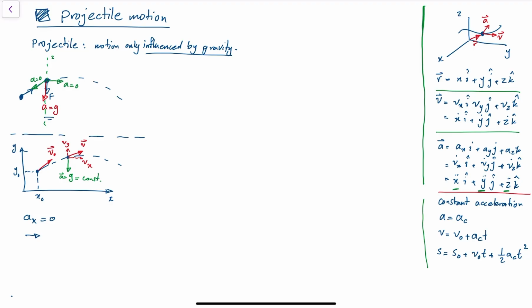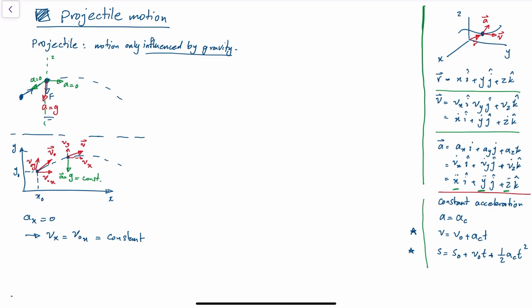And because of that, using these equations, I can immediately see that Vx at any time is going to be V naught x. So velocity along the horizontal direction always remains the same. And the horizontal is the horizontal component of V naught x, V naught y.